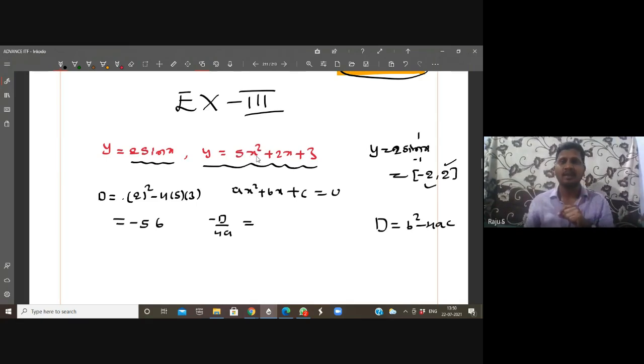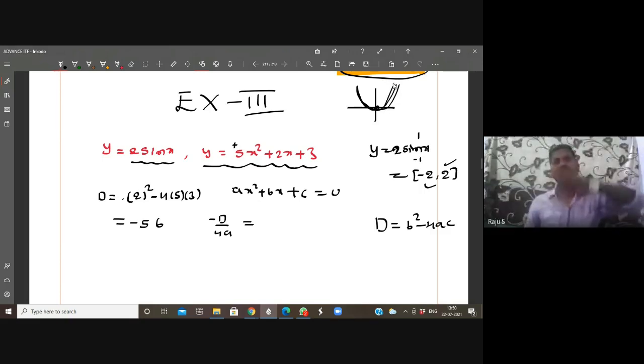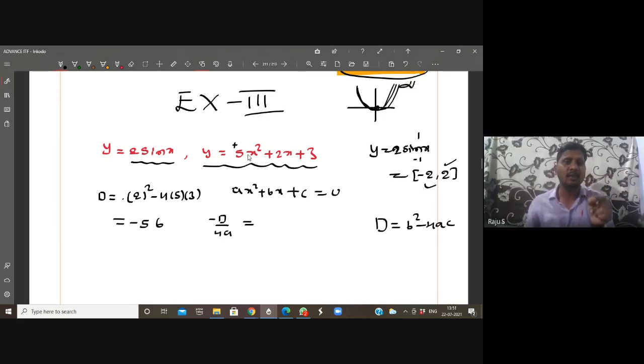Here the x square coefficient is positive, plus 5, so the parabola opens upwards. Whenever the x square coefficient is positive, it always gives a minimum value, and the maximum tends to infinity.